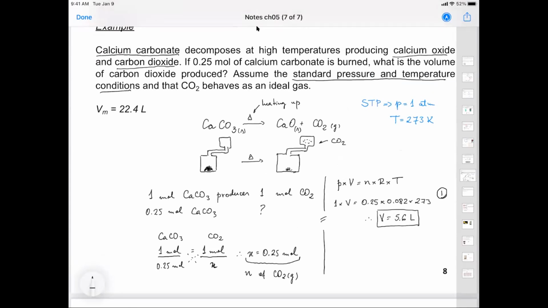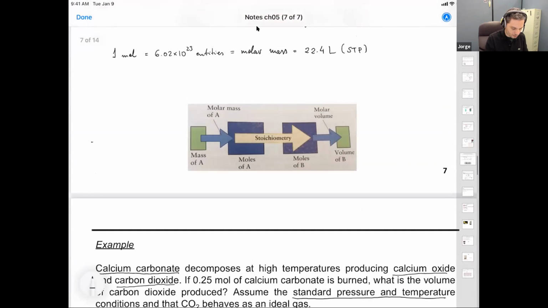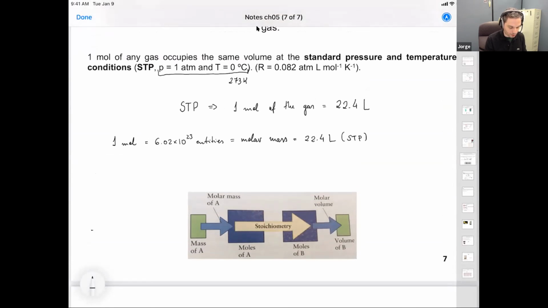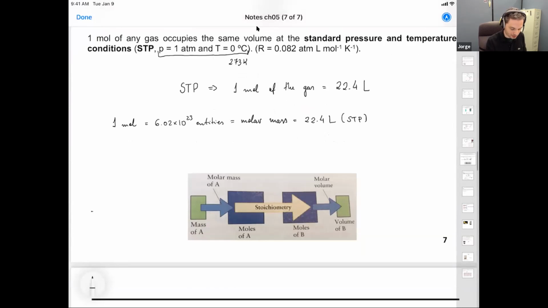Option number 2 that we can also use to solve the problem is this conversion factor that I just showed you. 1 mole of any gas under the standard pressure and temperature conditions occupies 22.4 liters.